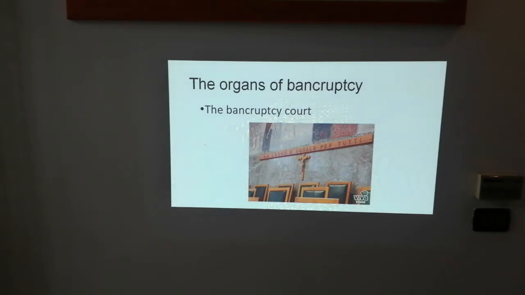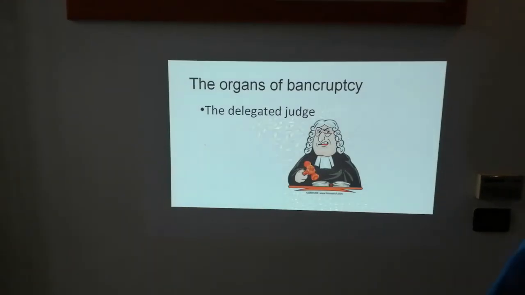So we've got this court where they can judge whether a person or a company, an organisation, the juridical subject, is in actual fact bankrupt. And the other organ is the judge, the delegated judge, who will sit in this court, and he must look at the law.